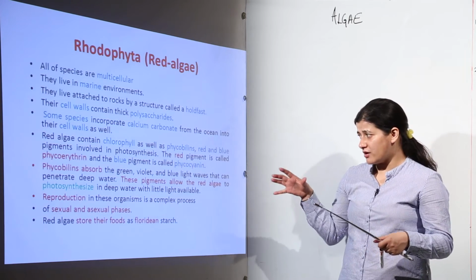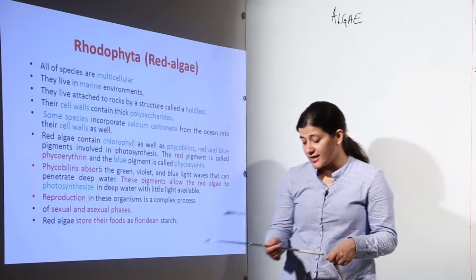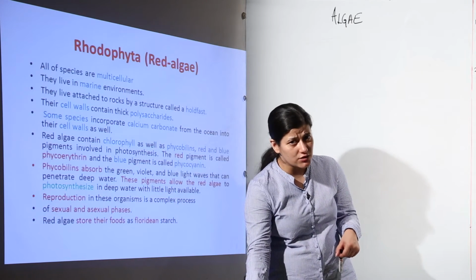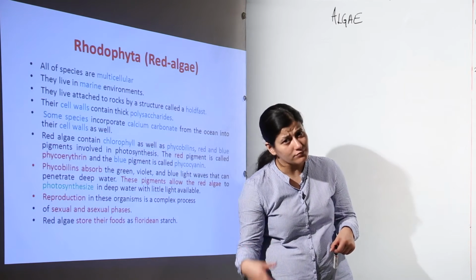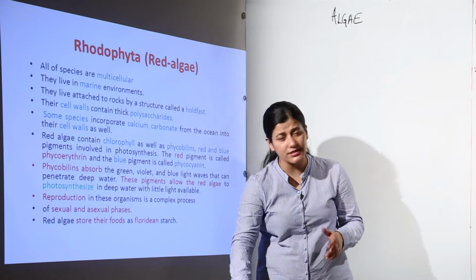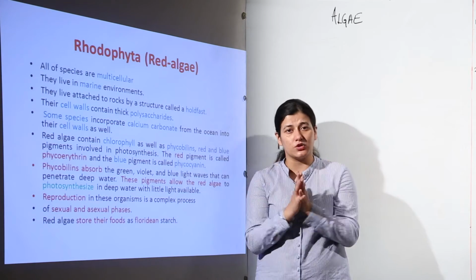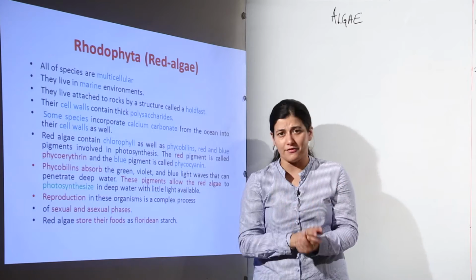Talking about their reproduction, as we discussed, in the earlier cases we have flagellated zoospores and flagellated gametes. Vegetative propagation, as we talked about in the earlier cases, is going to be by fragmentation.